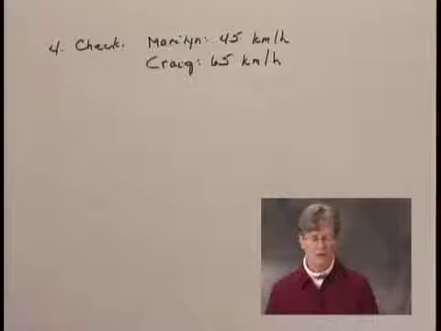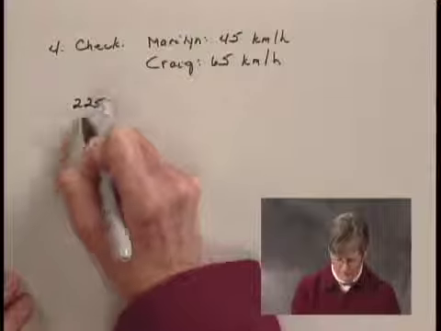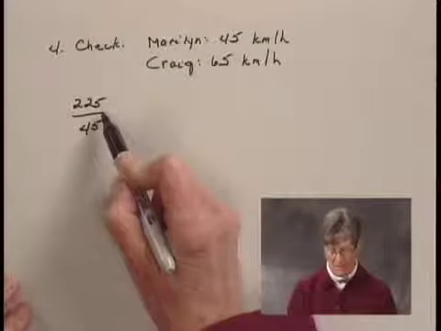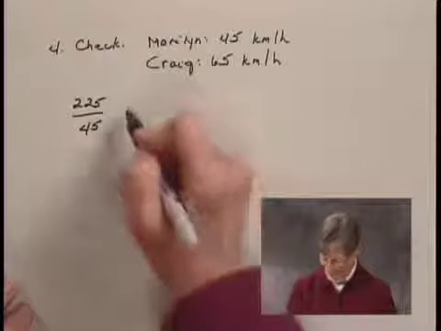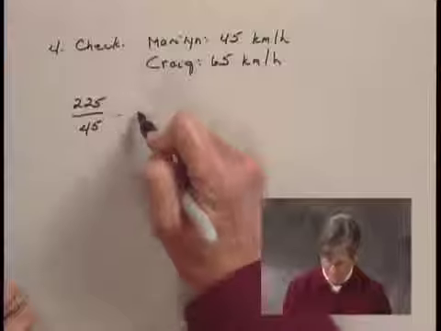Now, if Marilyn traveled 225 kilometers at 45 kilometers per hour, the time that it would take her would be the distance divided by her speed, and that would be 5 hours.